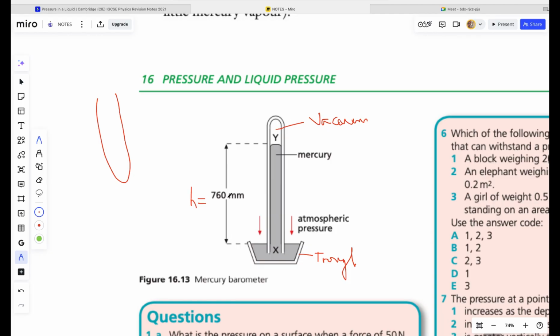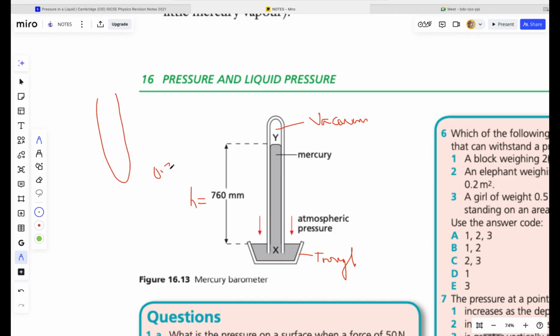Okay. This value, if you divide by 10, first of all you change to centimeter, it becomes 76 centimeters. So if on the exam paper you see 76 centimeters, it's the same thing. Or you could see 0.76 meter. If I want to change to meter, I divide by 1000, I get 0.76. It is that 0.76 meter that we will use to calculate what?